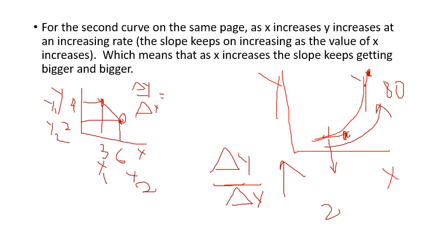Now let me determine the slope. y1 minus y2, 4 minus 2, divided by x1 minus x2, 3 minus 6. 4 minus 2 is 2. 3 minus 6 is minus 3. The slope is simply minus 0.67.